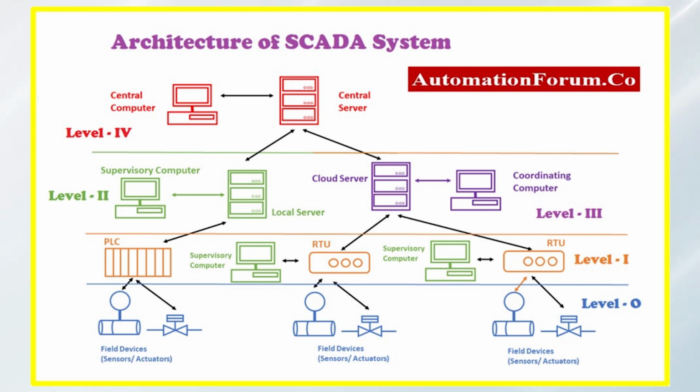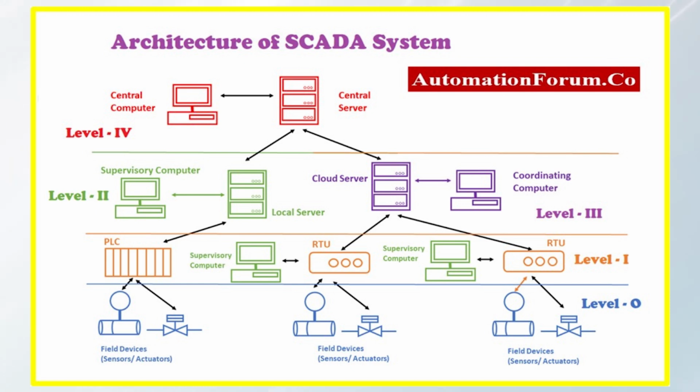For example, if you want to control the flow of a liquid using an electrical method, we can use a control valve actuator. We can also use the flow sensor, the pressure sensors, the LDR and many more sensors in the SCADA systems. So, these SCADA sensors and actuators come under level 0.